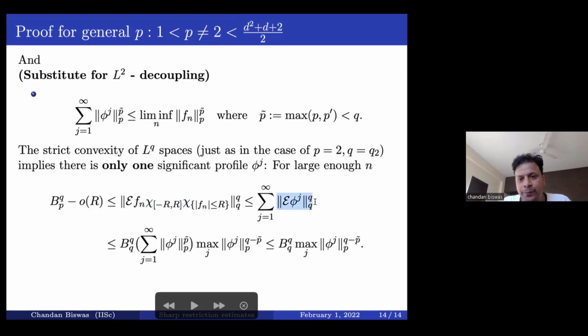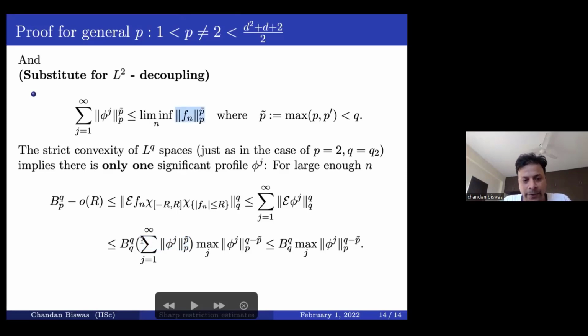I'll break this into two parts. I will write this as the extension of phi_j LQ norm to the power p tilde, times the LQ norm to the power q minus p tilde. Now, because of this almost decoupling for LP, we know that the term inside this parenthesis is at most 1, because we started with an LP normalized extremizer sequence.